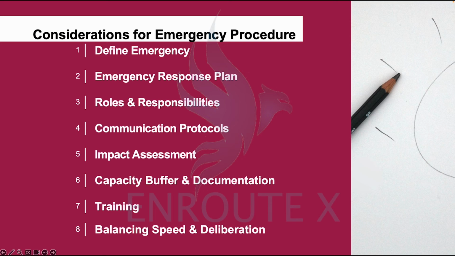On all the plans you've made, you should train resources adequately to manage those emergencies when they come up. When there's a trigger for such emergency, you should train your workforce adequately. Then, the last one, you need to balance out the speed of work and conversations looking at resolving that emergency.